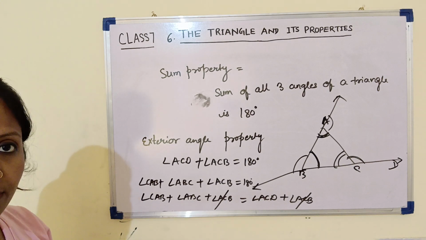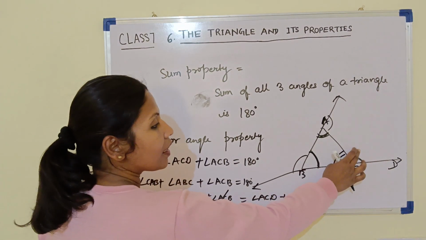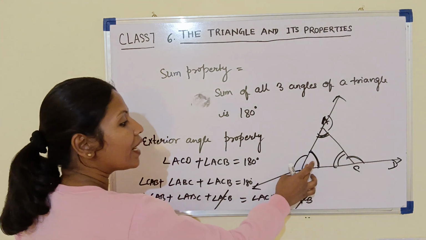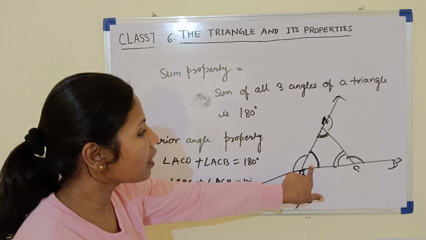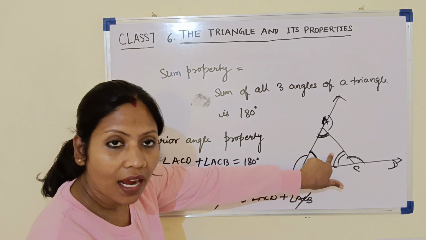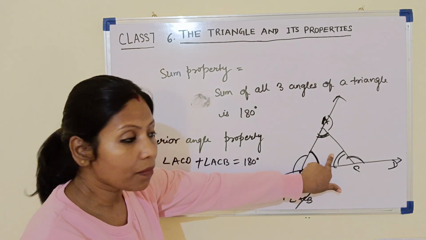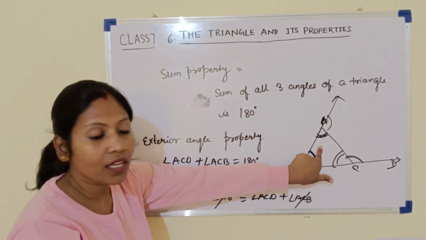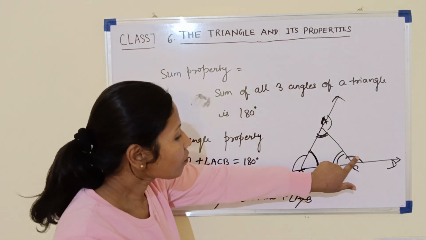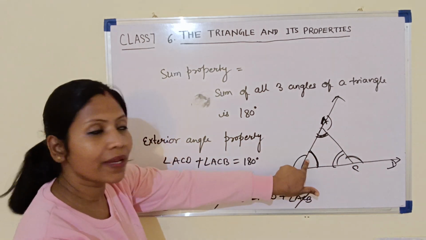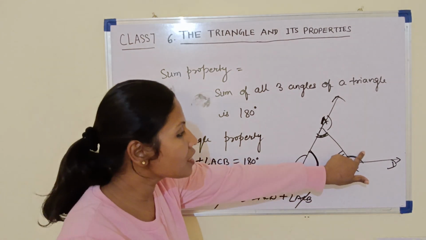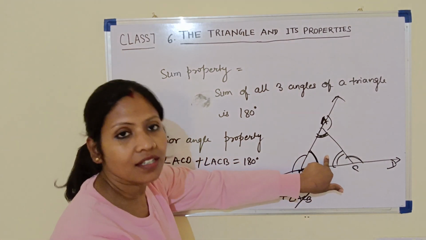Okay, understood this property? So the measurement of the exterior angle is the sum of two interior angles of the triangle. These are three interior angles. These are called opposite interior angles and this is called the adjacent interior angle. But keep in mind that these namings are with respect to this angle. For this angle, these two will be opposite interior angles and this will be the adjacent interior angle.